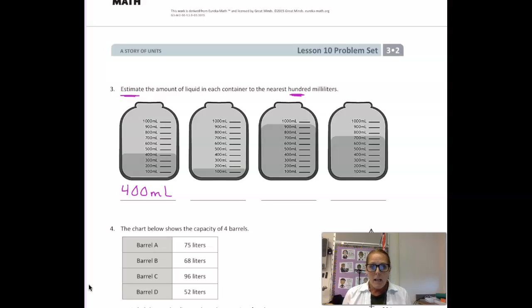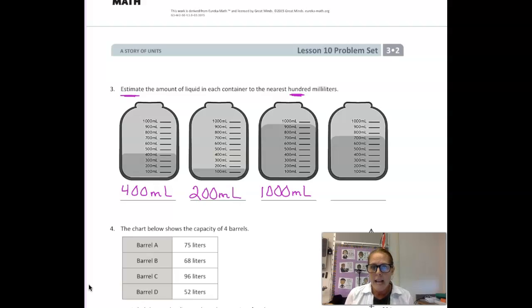The next one, when I look at that line, it's much closer to 200 than it is 100. So we will write 200 milliliters on the line for this one. The next one is a little tricky because to me it looks like it's almost right in the middle. So instead of going low with my estimate, I'm going to go all the way up to 1,000 milliliters, which is equal to a liter.